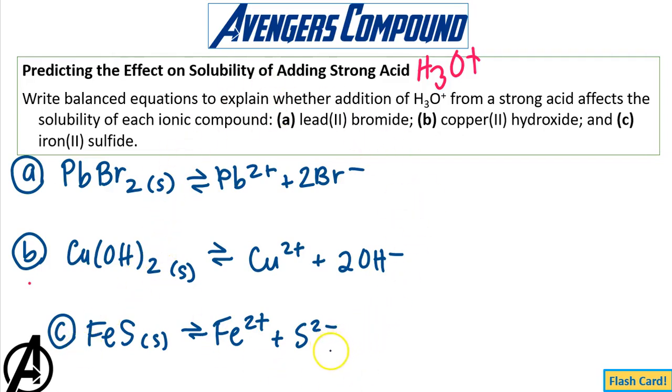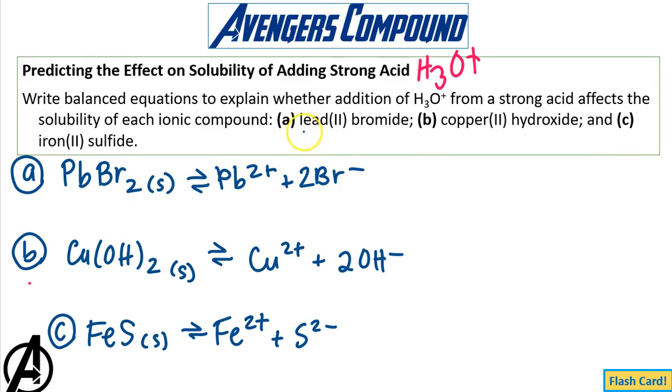And then of those aqueous ions, I want to focus on the conjugate bases or anions of a weak acid, or a base in general, because I know that base has the ability to react with that H3O plus. And if it reacts with that H3O plus, what happens? It means it's going to be removed from the overall equilibrium system. And if it's removed from the equilibrium system, then molar solubility is going to increase, and therefore the equilibrium is going to shift to the right to again try to produce more of that ion.